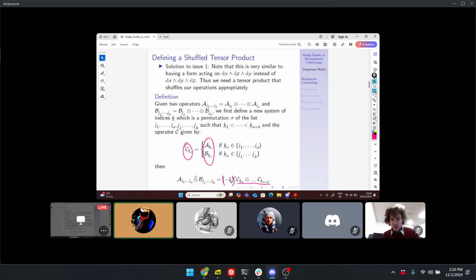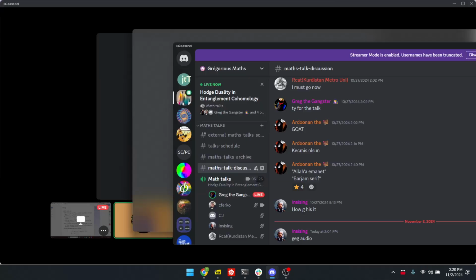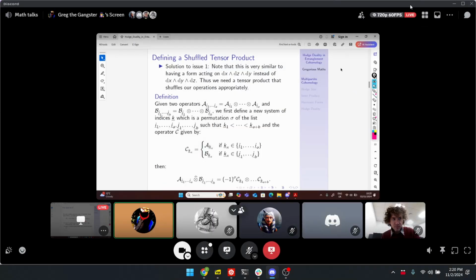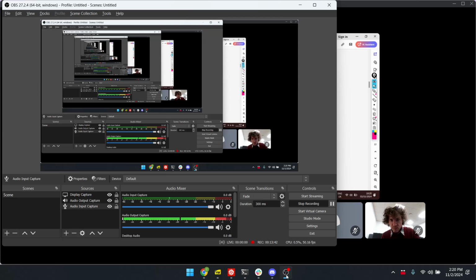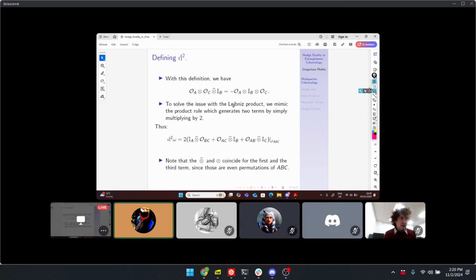So we stick a (-1)^sigma in front of it. And this tensor product will allow us to shuffle the different operators appropriately. So instead of, for example, with this definition, OA times OC times OB to go from ACB to ABC, that's an odd permutation. So now we have to stick a minus sign in front to swap these two around.